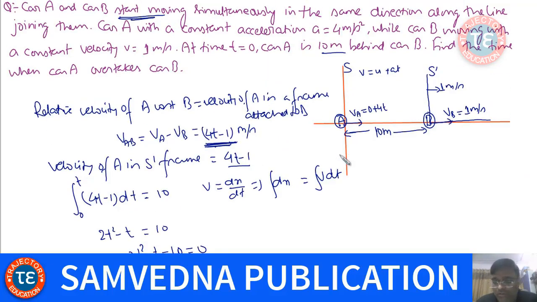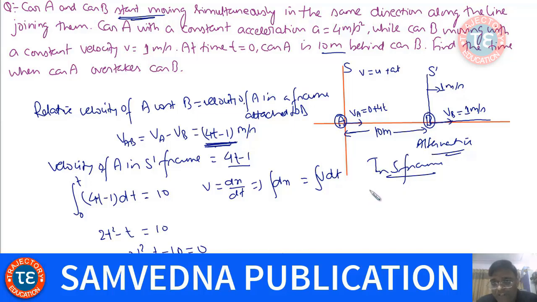That's one way. The other way, if you don't want to go into that relative velocity, is that I want the time t when A reaches B. So if I work in the S frame only, that's the alternative way I am telling you. That will be easier for you to understand.